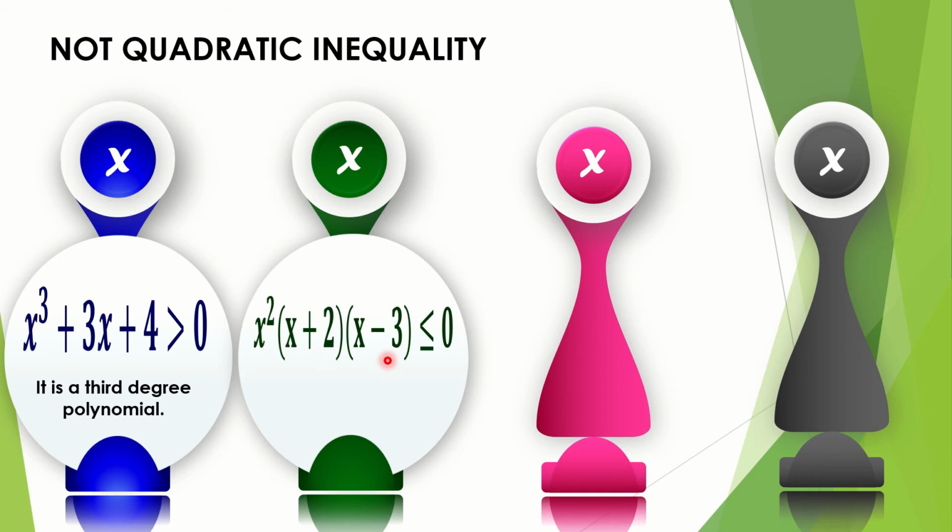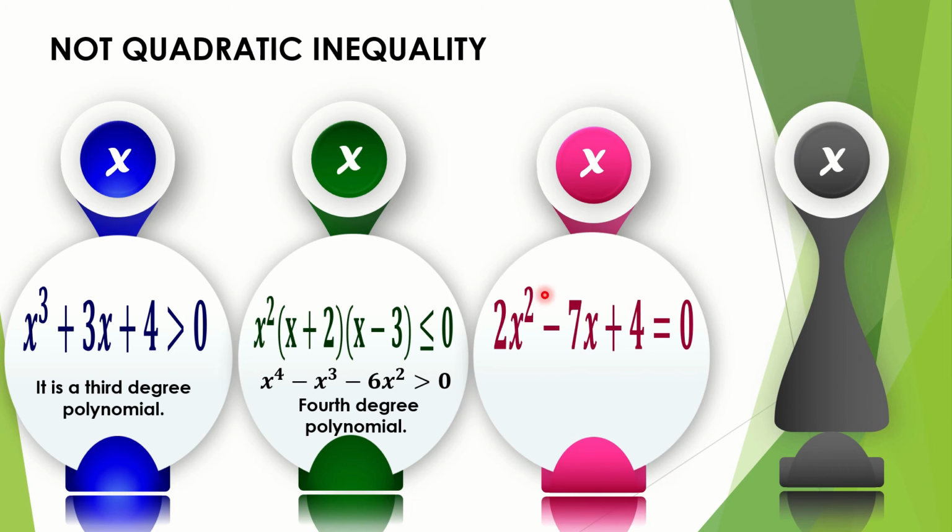We will use the FOIL method to evaluate this inequality. You need to distribute x squared. Therefore, your answer will be x raised to 4 minus x cubed minus 6x squared, which is a fourth degree polynomial. It means that this one is not a quadratic inequality.